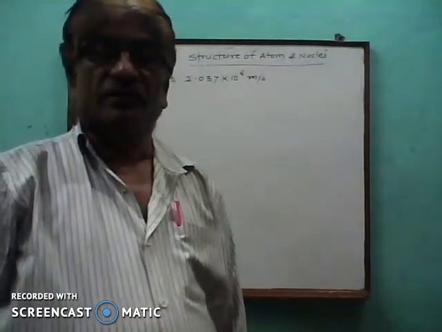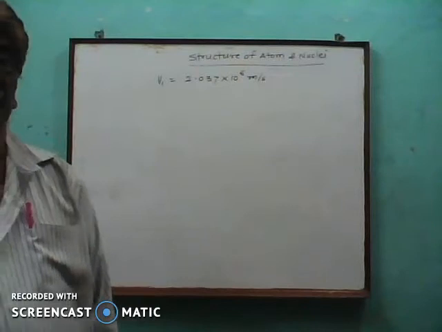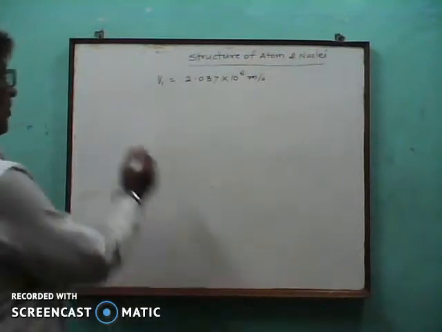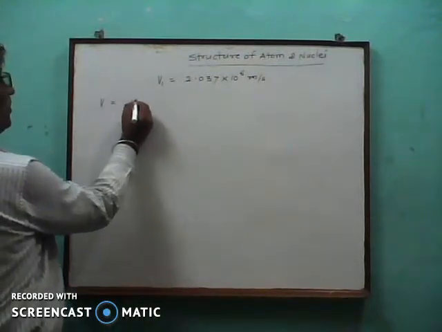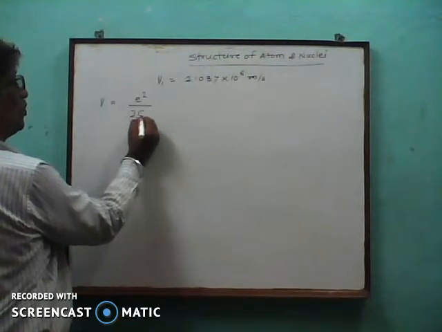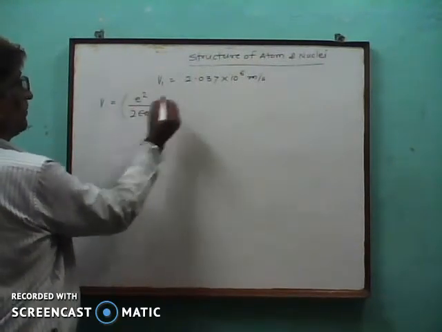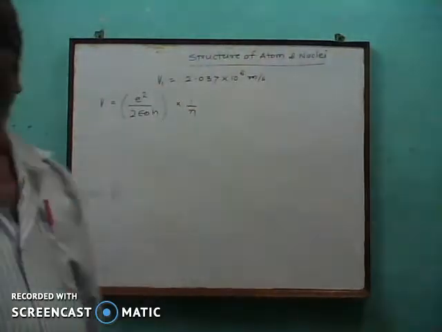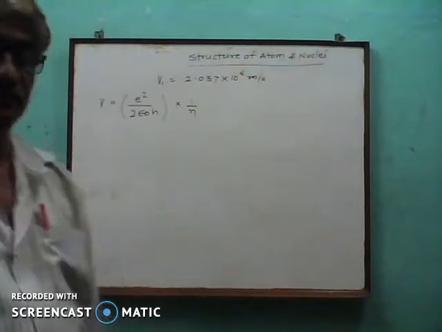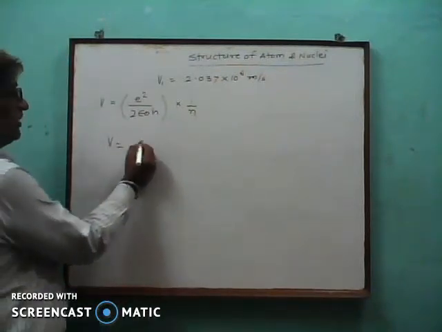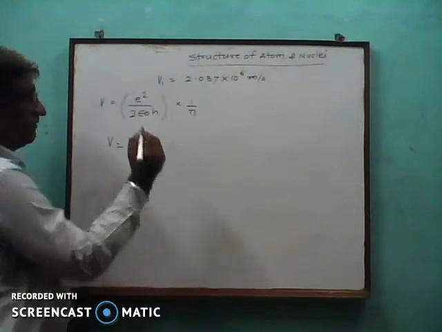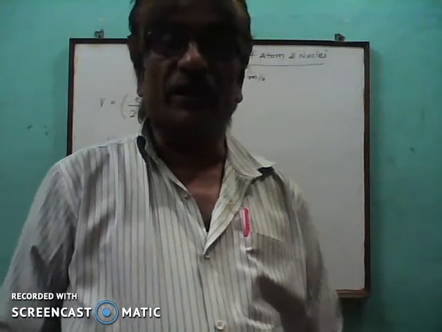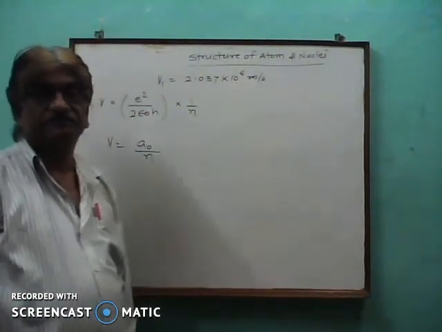Similarly, from the formula V equal to e square upon 2 epsilon 0 h, into 1 upon n, if the bracket term is constant, then V is equal to A0 upon n, where A0 is Bohr's velocity of the electron in the ground state.